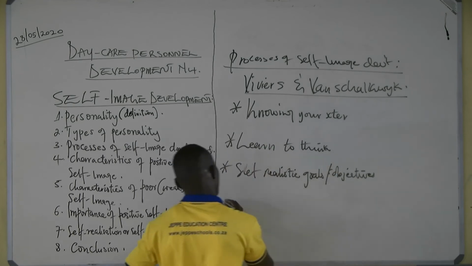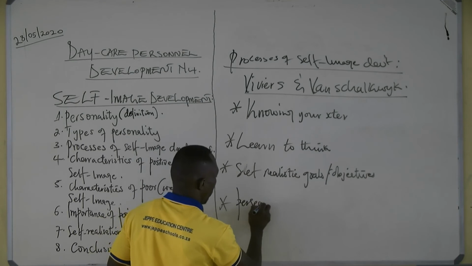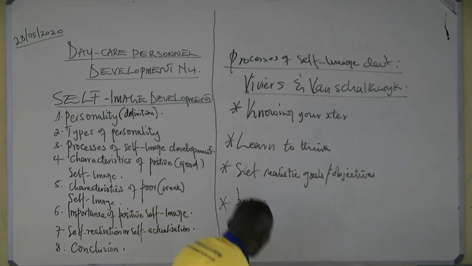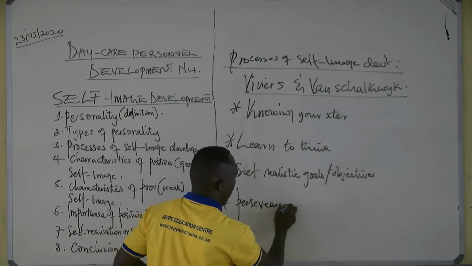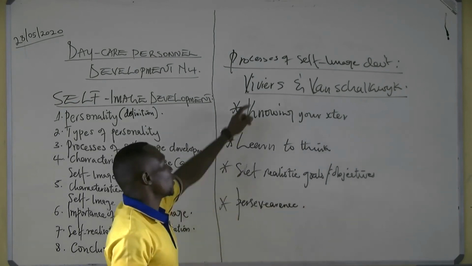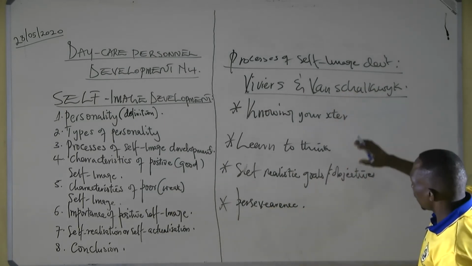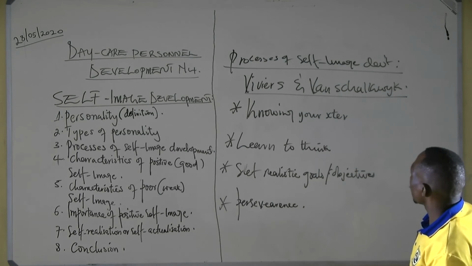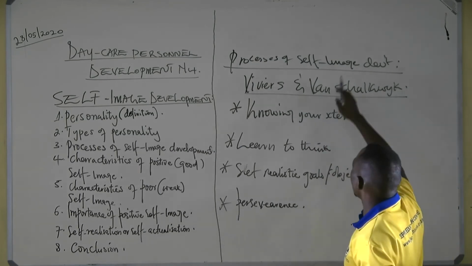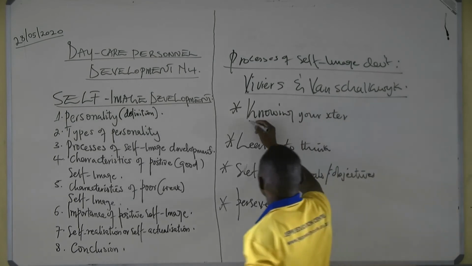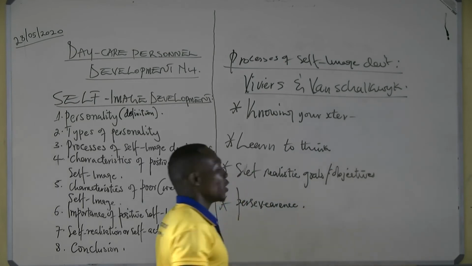And then the fourth one is perseverance. Yes. So these 2 gentlemen gave a detailed description of these 4 processes that are so vital in self-image development.